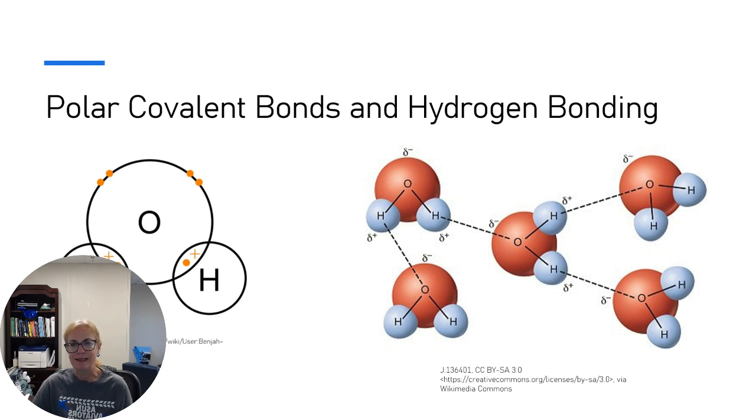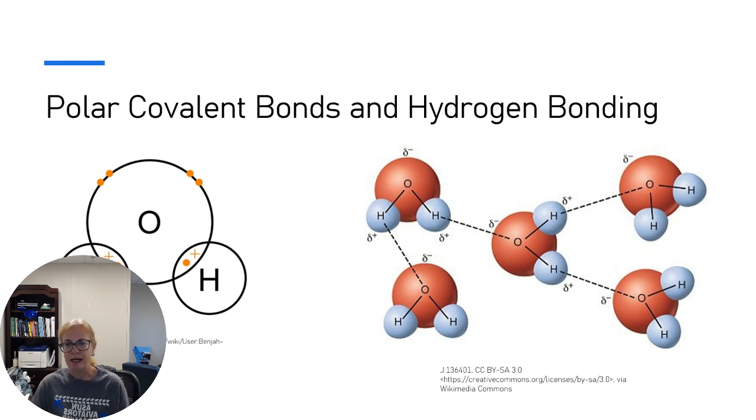Oxygen, for example, has 6 valence electrons, but it also has a very high electronegativity. So because it wants 2 additional electrons to have that full valence shell of 8, it will bond with 2 hydrogen atoms because each of those has 1 valence electron. So it's looking to gain another valence electron.